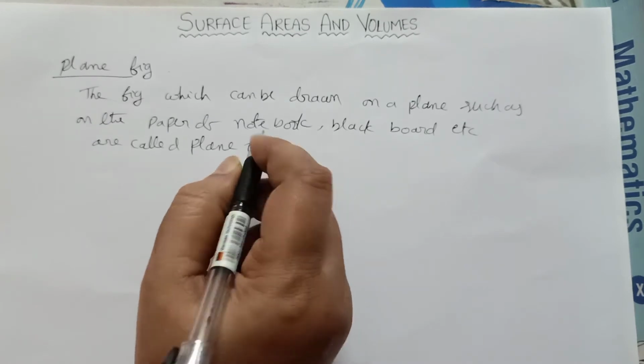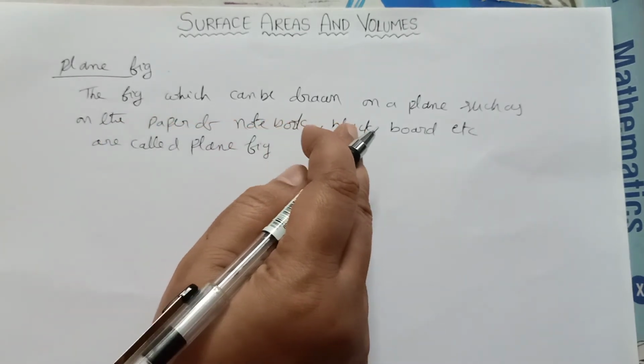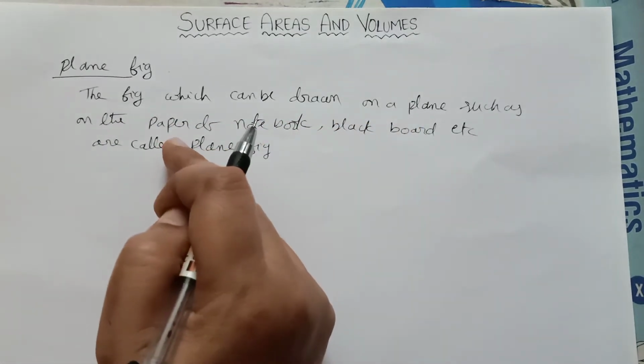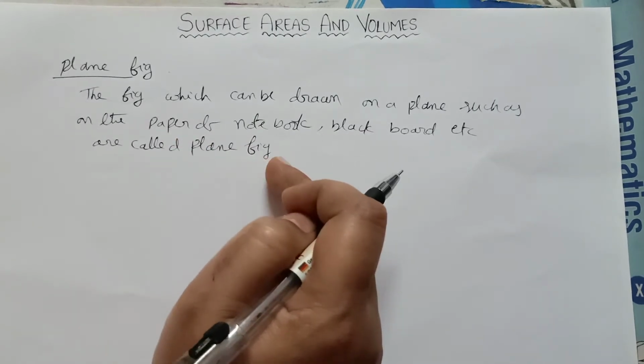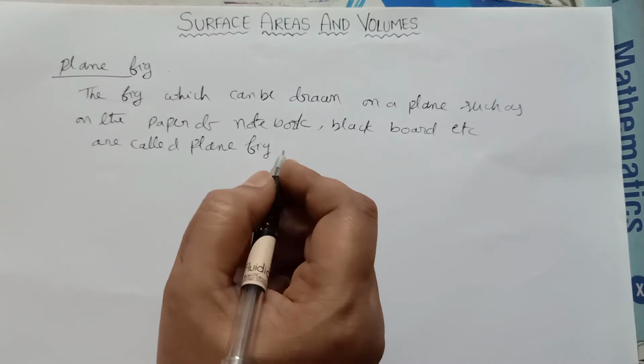So what are the plane figures? The figures which can be drawn on a plane, such as on the paper of notebook or blackboard, etc., are called plane figures. Can you give me the examples of plane figures?